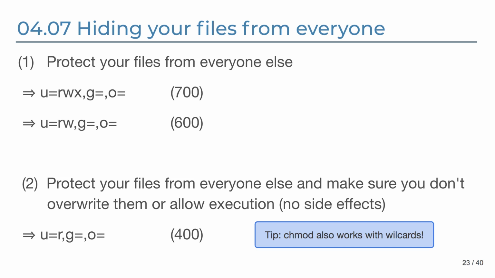The second one is you want to protect the files from everyone else, and you also want to make sure you don't overwrite them by accident, which effectively makes your file read-only, and for that you use 400 permissions. There are also some files on your system that actually require restrictive permissions. Does anybody have an idea which files could benefit a lot from 400 permissions? What would you store in such files?